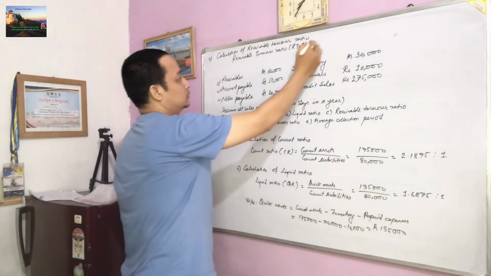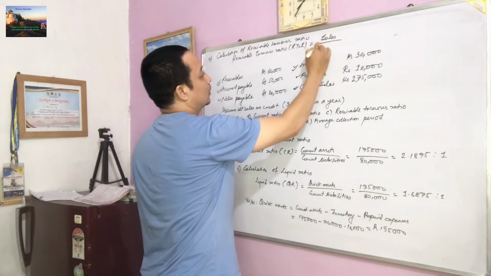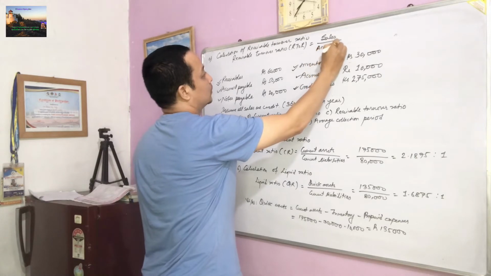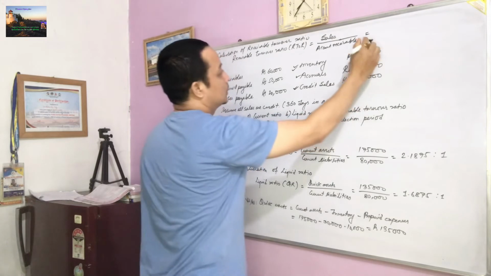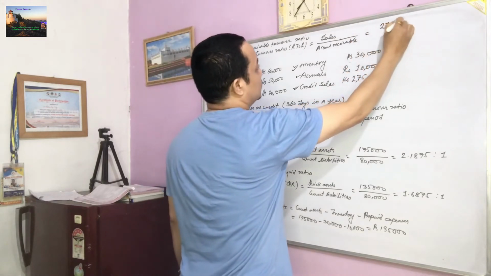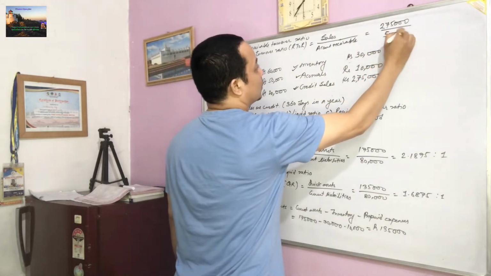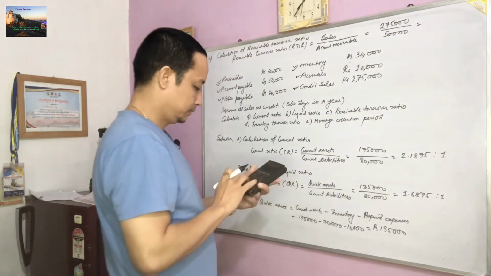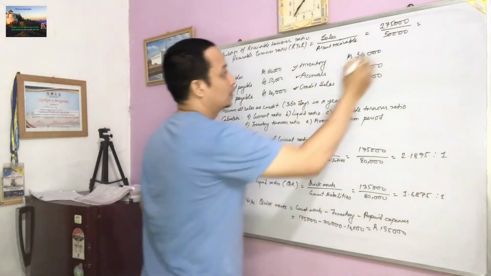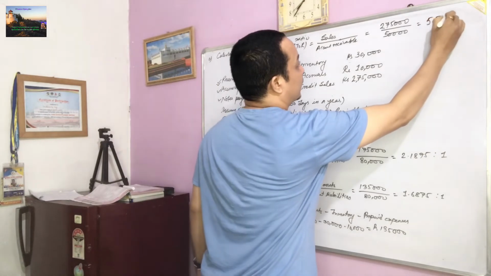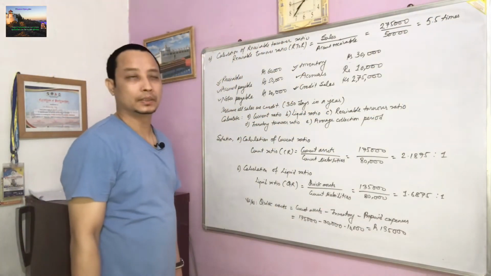So let's put the formula: sales upon account receivable. So here sales is 2,75,000, which is divided by account receivable 50,000. So your value will be 5.5 times. This is your receivable turnover ratio.